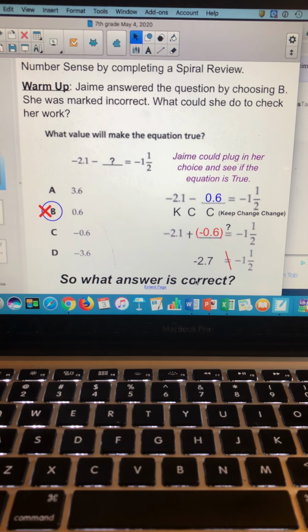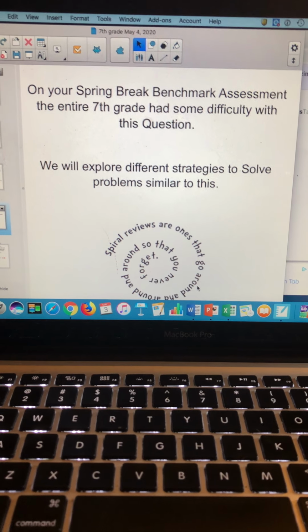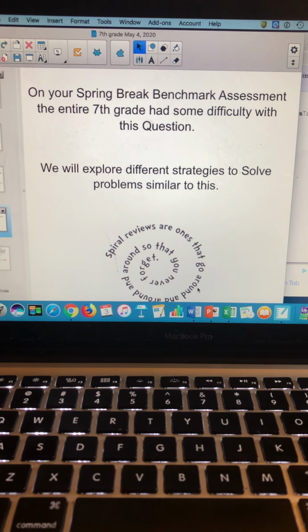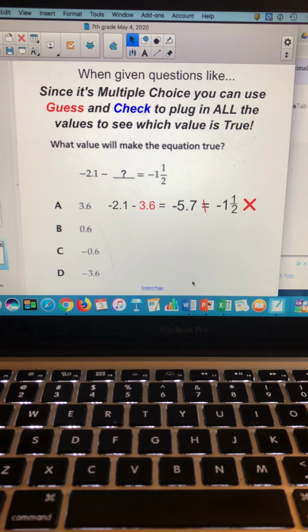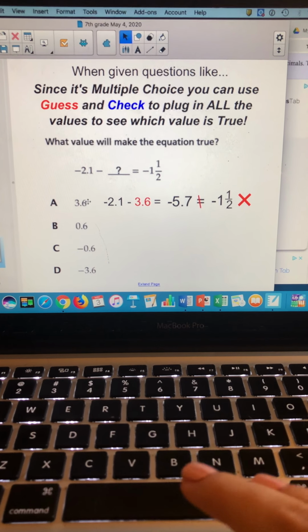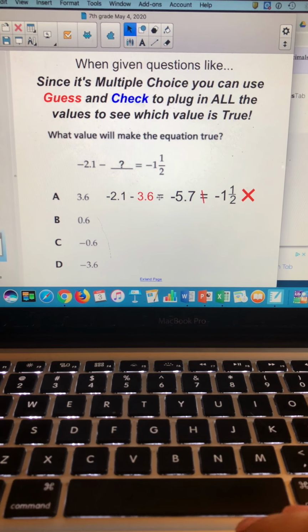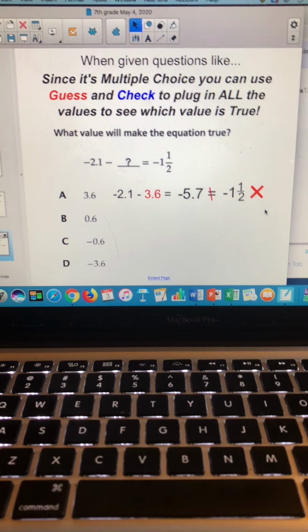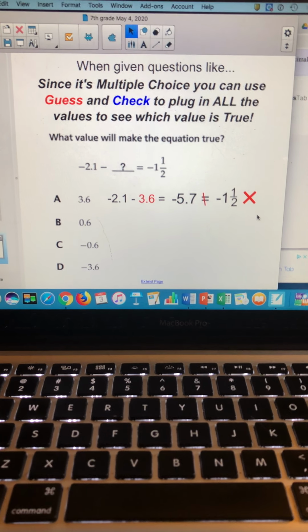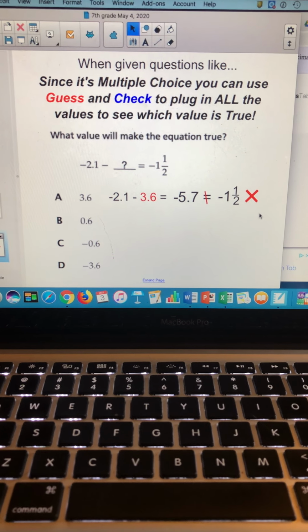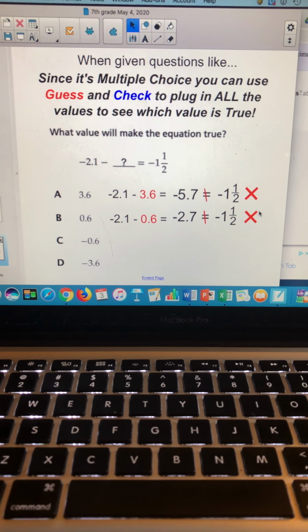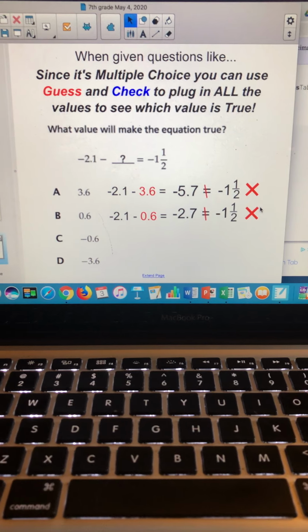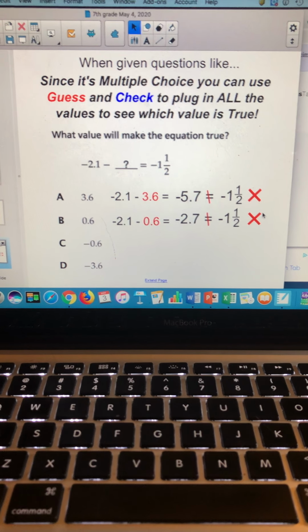We're going to go through a couple of different ways that you could have answered this to get to the correct answer. The first way would have just been to guess and check, taking each of the choices provided, plugging them into the equation, and seeing if you would get negative 1.5. So 3.6 did not work. We got negative 5.7. That does not equal negative 1.5. We already saw that 0.6 does not work because negative 2.7 does not equal negative 1.5.